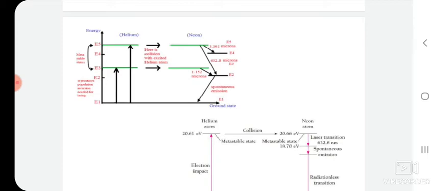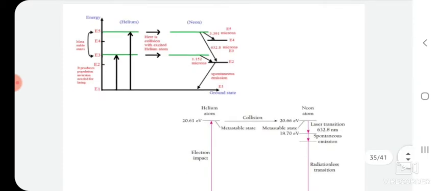That electric discharge collides with the helium and neon atoms, and it helps to excite helium and neon atoms to a metastable state, and the energy level of that metastable state for helium is 20.61 electron volts. For neon it is 20.66 electron volts.